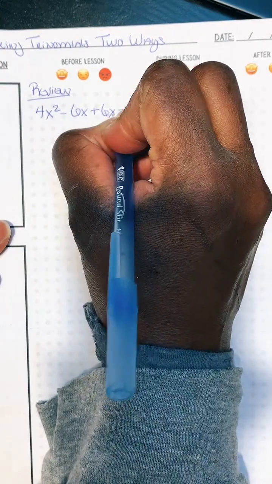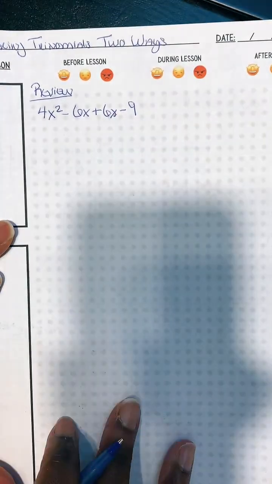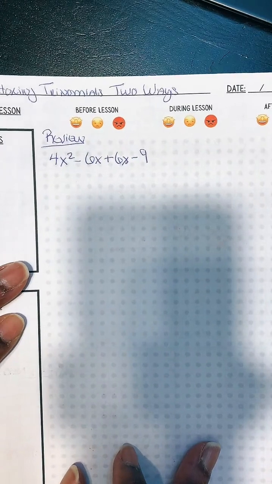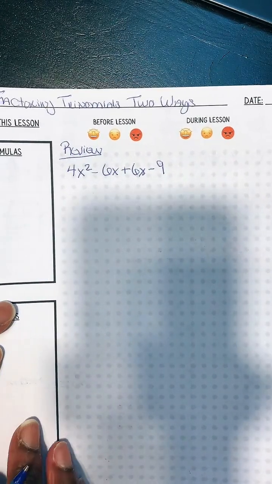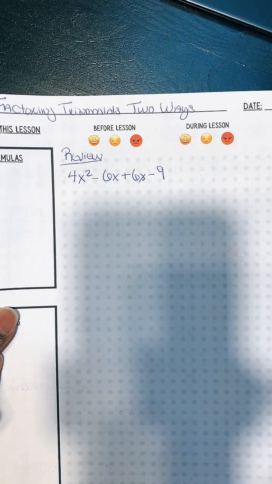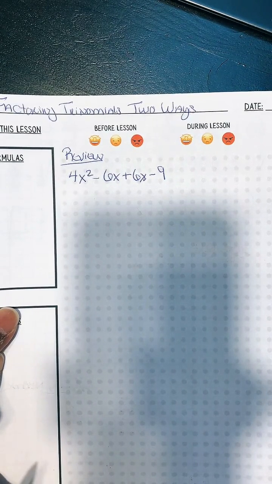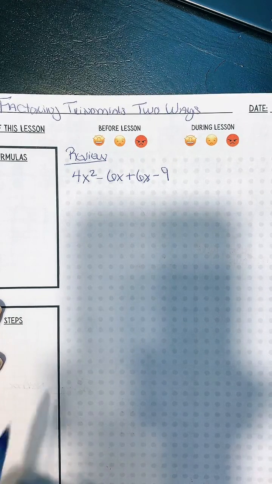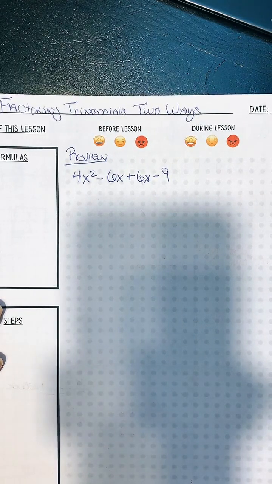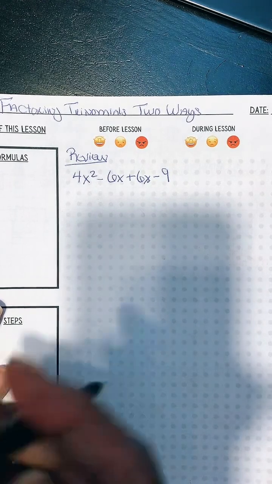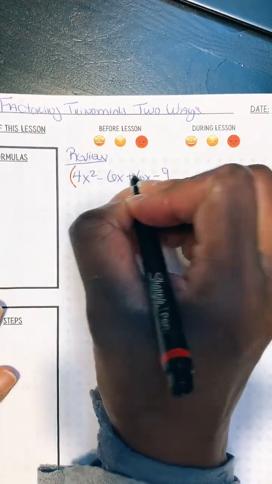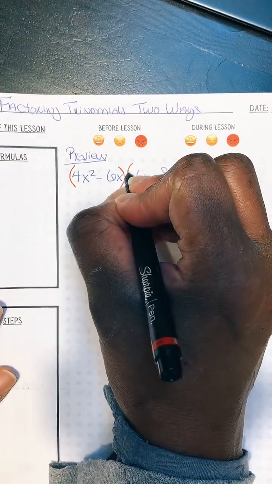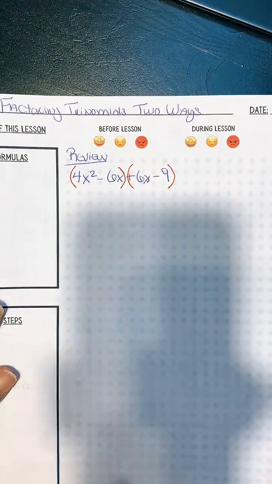Plus 6x minus 9. All right, so we're going to review a little bit on grouping. If we recall about grouping, we will always take the first two terms and the last two terms.